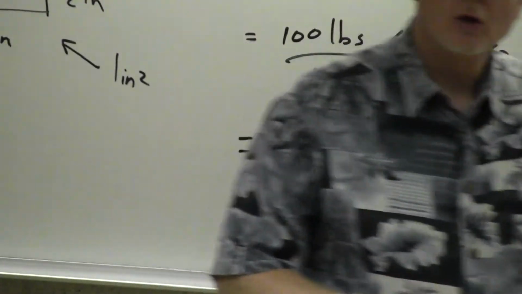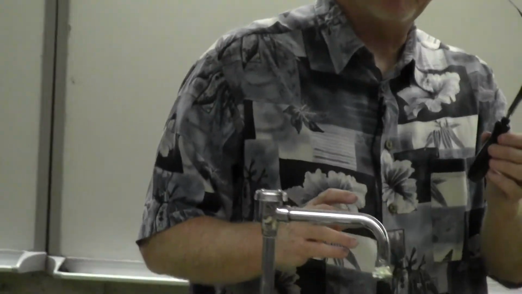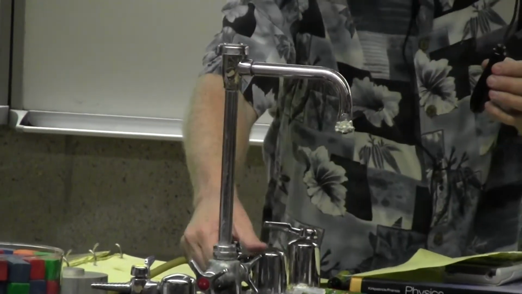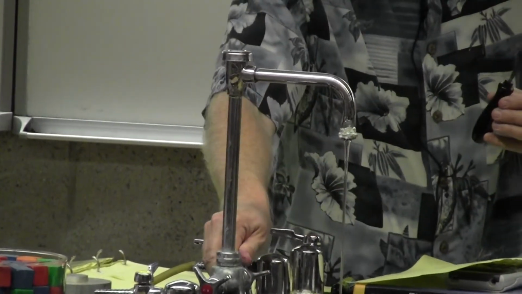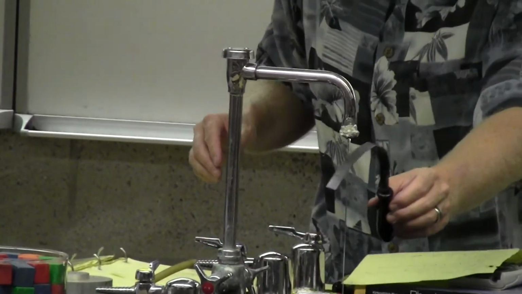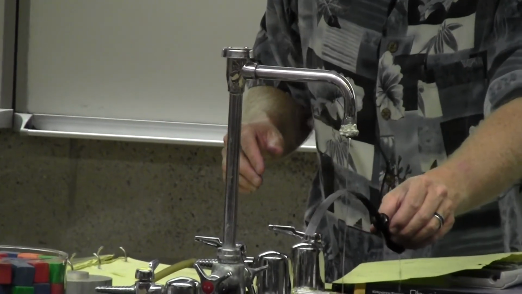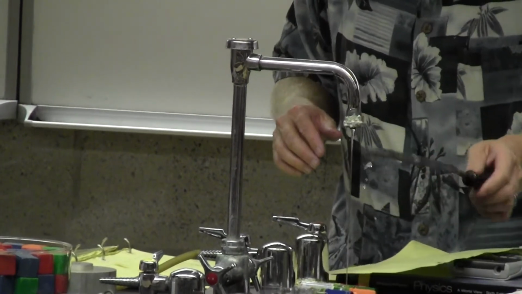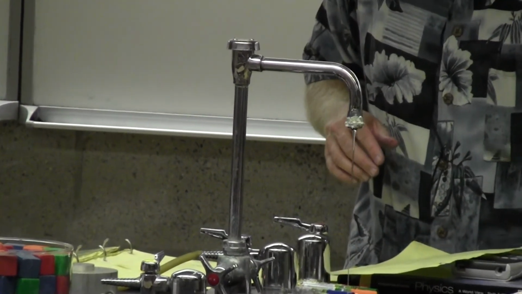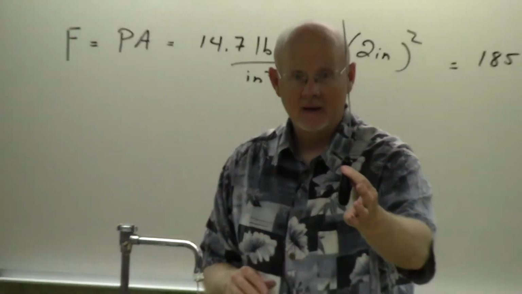In fact, let me cool it down a little bit faster. And see, it's a little straighter. Get a little bit of cool water going, maybe not too much here. I'll cool it down. And when I cool it down, it's back to being straight again.